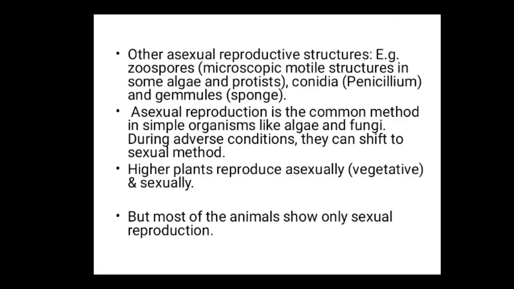They show the sexual reproduction method too, meaning they are capable of producing offspring through both asexual and sexual methods, depending on the environmental condition. Higher plants can also show both sexual and asexual reproduction. In sexual reproduction, they can produce spores, and in asexual reproduction, as I told, vegetative propagation. We will discuss the sexual reproduction method in my next video.